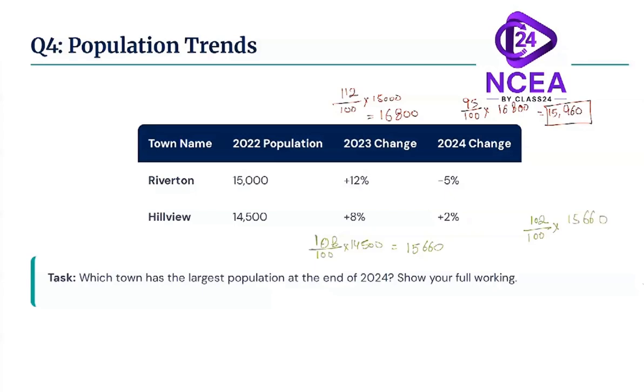When you simplify this, you will have 1,597,320 by 100, which gives you a population in decimal. But actually the population can never be in decimal, so we are going to round it off. So it will be 15,973. This is the population at the end of 2024.